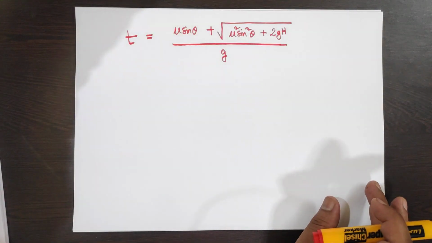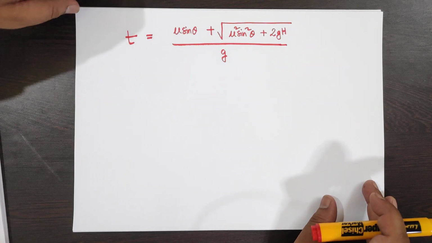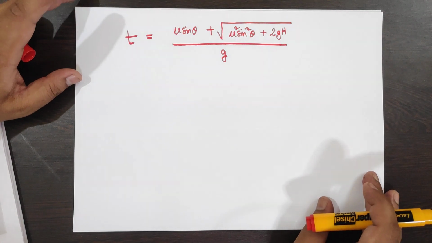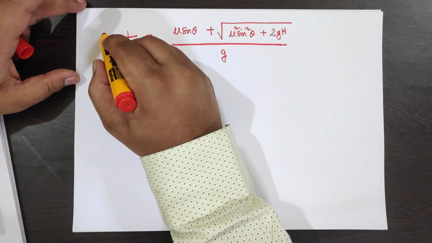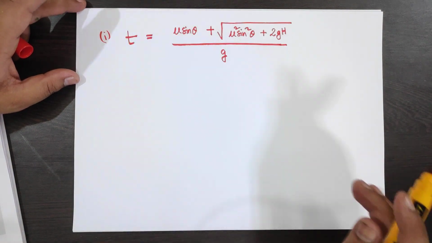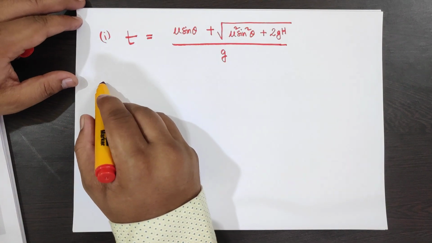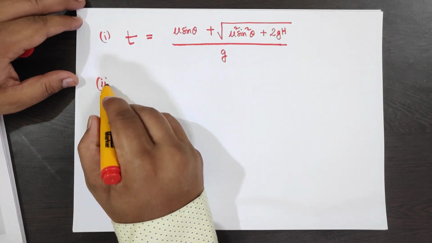You can put h equal to 0, so it becomes a ground to ground projectile, it becomes 2u sin theta by g. So that's one part of the problem solved, and the next part, also find the distance. The distance is a relatively simple one.